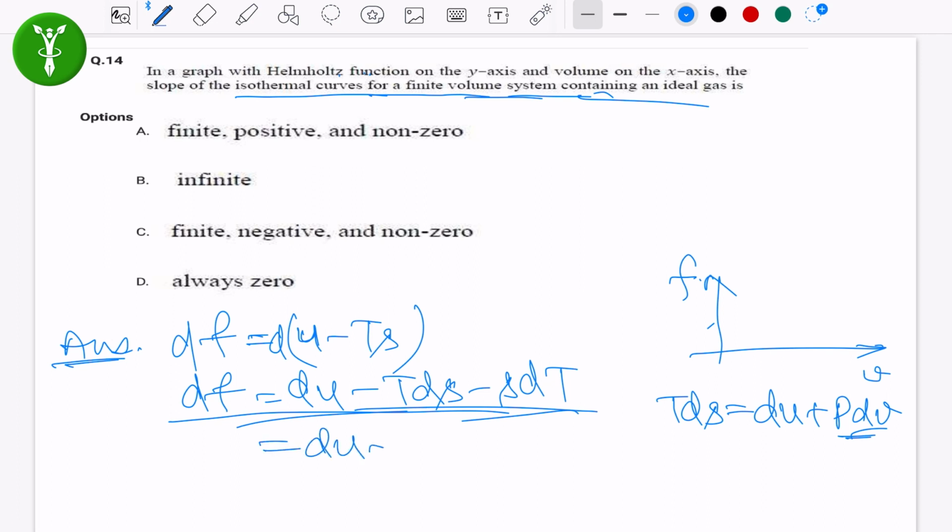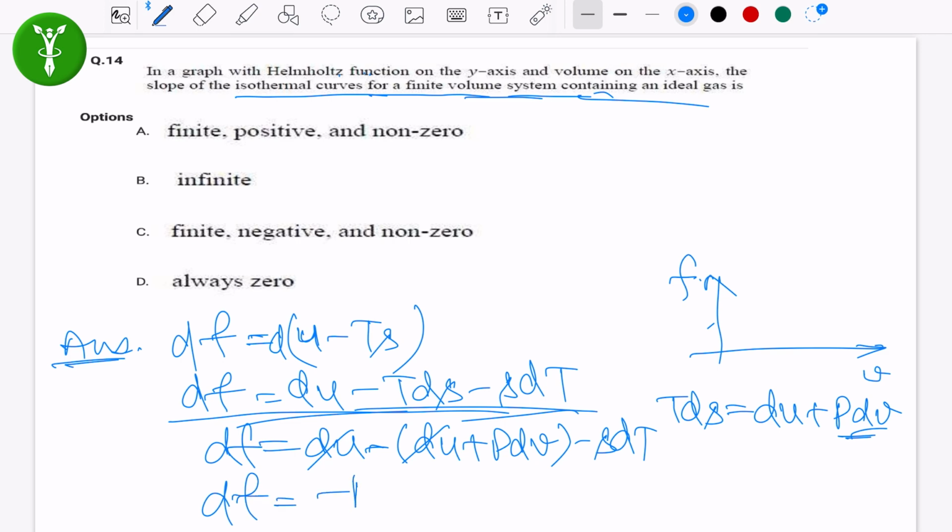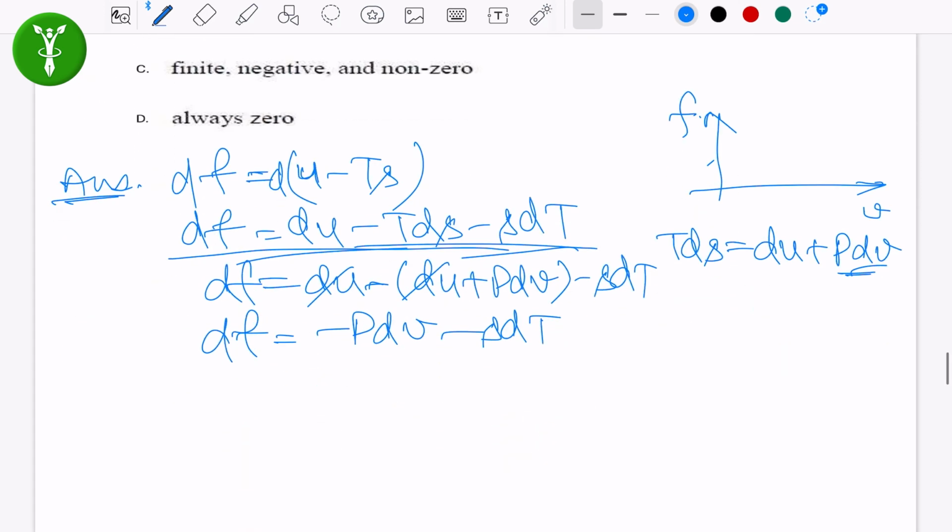So if I write, minus TdS is dU plus PdV, minus SdT. So this dU will get cancelled. dF is equal to minus PdV minus SdT. For isothermal curves, temperature is constant, so dF is equal to minus PdV.